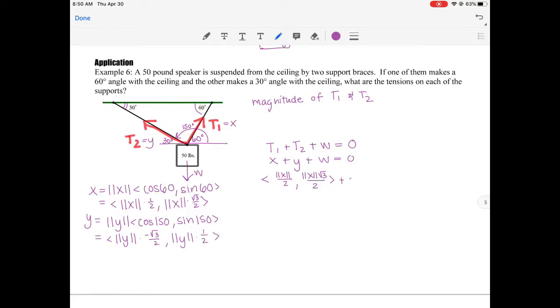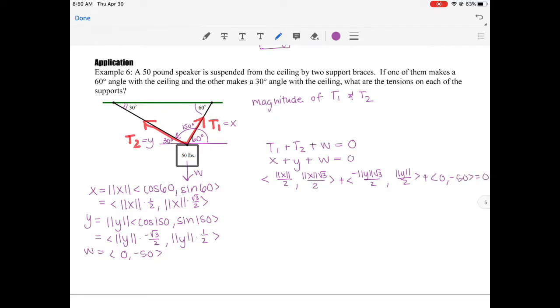So here we'd have plus the negative magnitude of y, square root of 3 over 2, comma, magnitude of y over 2. Okay, vector w, the nice thing about that is it's not going right or left at all, so we just got 0, and it's pulling down its weight, so we've just got a negative 50. So here we add 0, comma, negative 50, and this all equals 0.